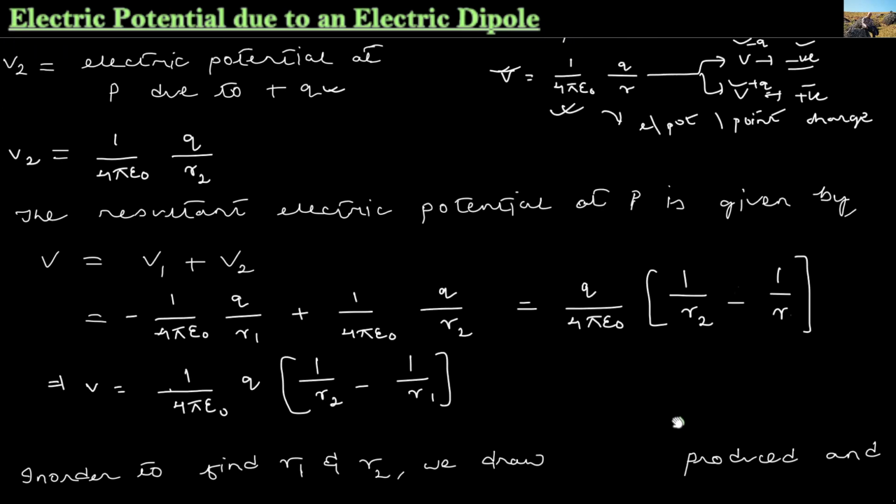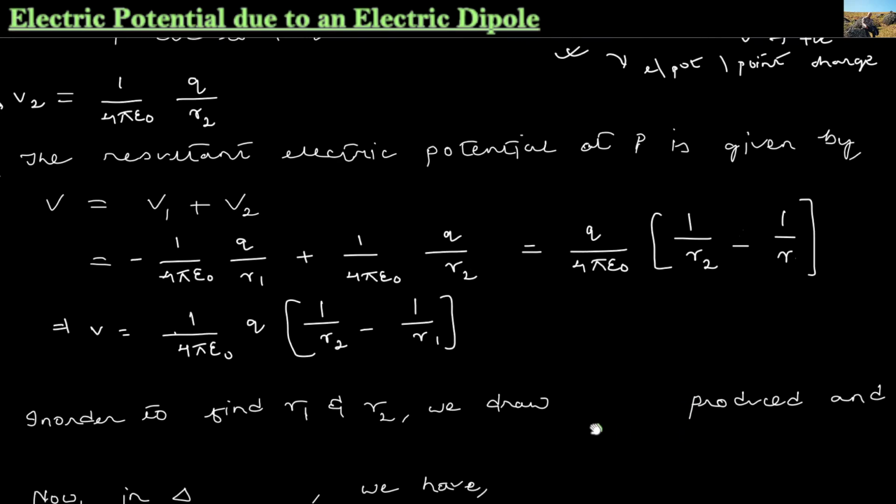So in order to find R1 and R2, we will first draw EQ on OP produced, and BR on OP. These are perpendicular.